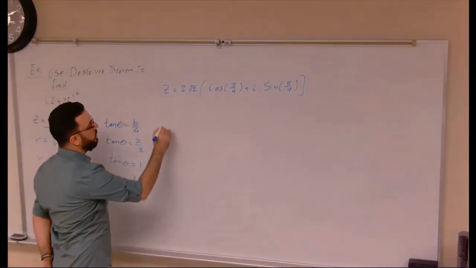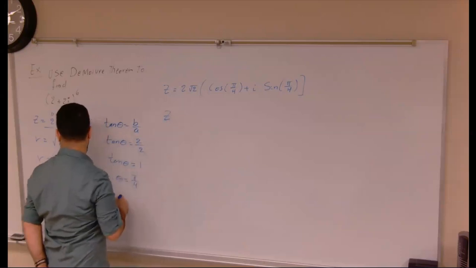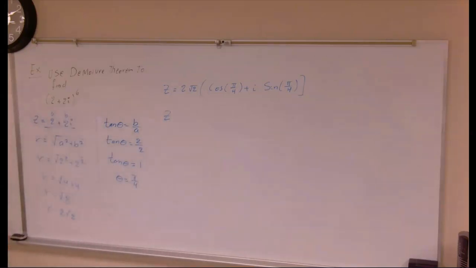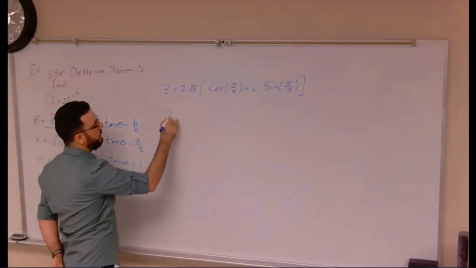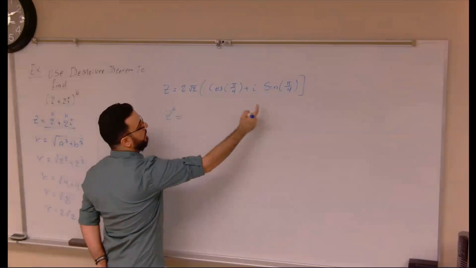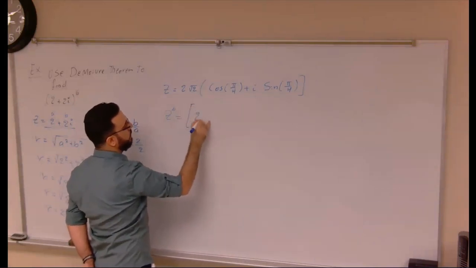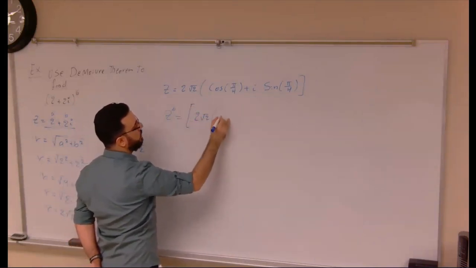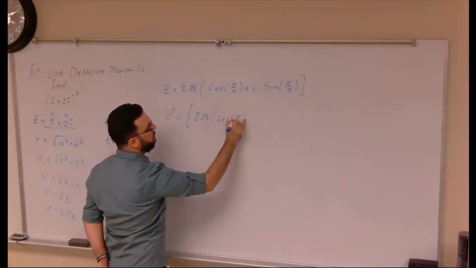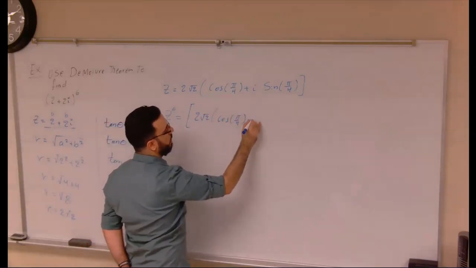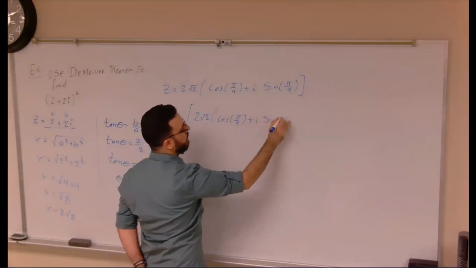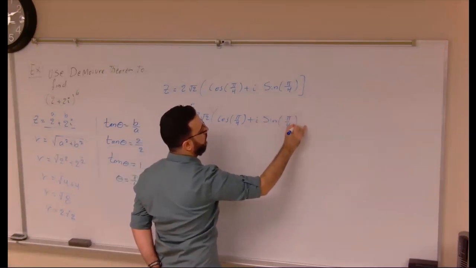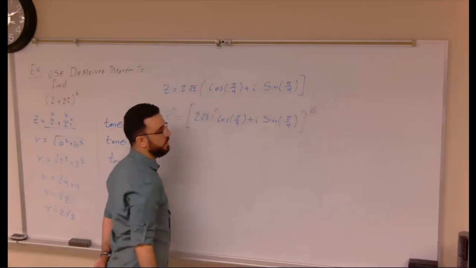Now, next step, we need to find z to the power 6. See, this is the z. Now I need to find z to the power 6. So it's going to be everything here to the power 6: 2 square root of 2 cosine pi over 4 plus i sine pi over 4 to the power 6.